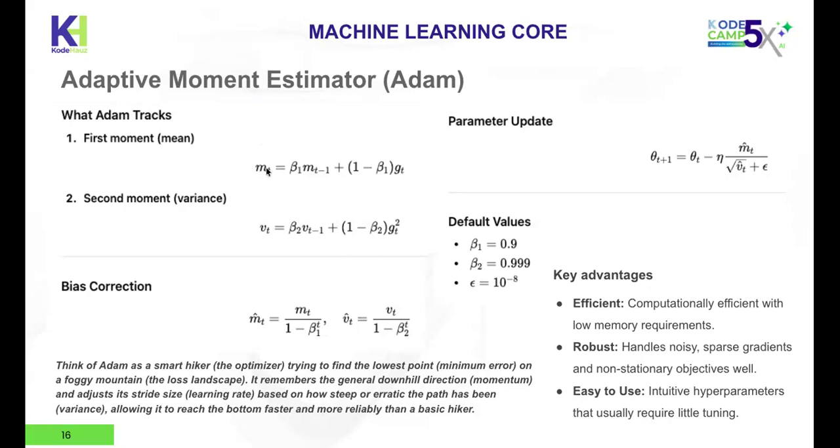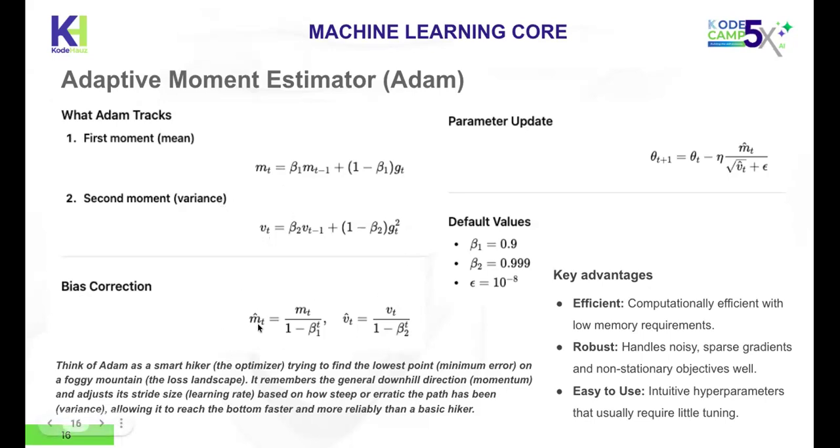The first moment, which is the mean, m_t, which is the mean of the gradients, and then the second one, which is the variance: the exponentially decaying average of the square of the gradient. That's v_t. That's why it's called variance.